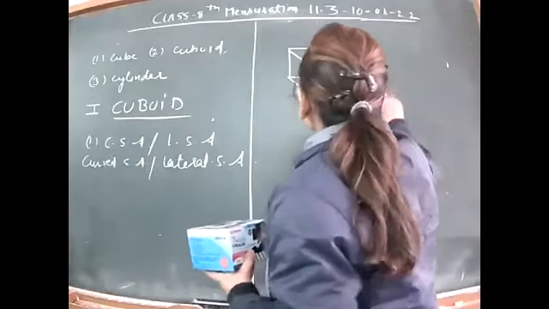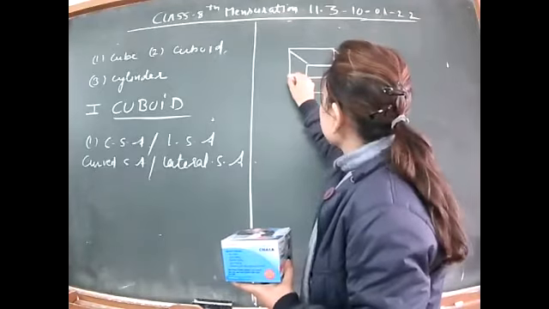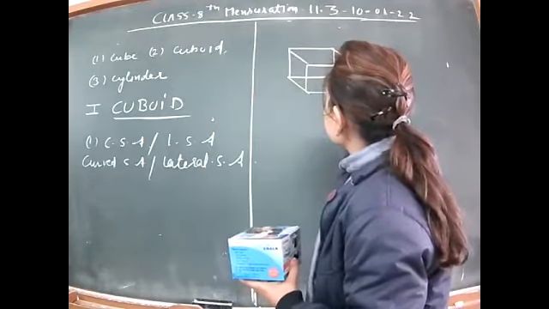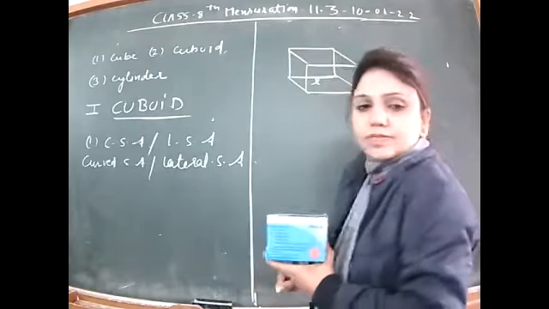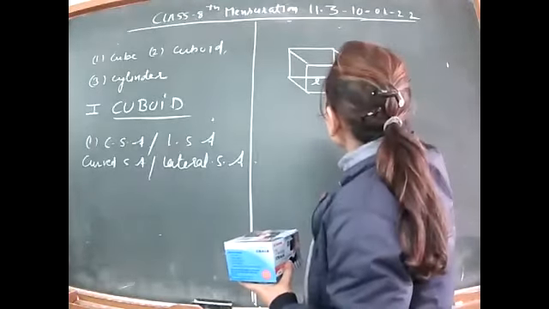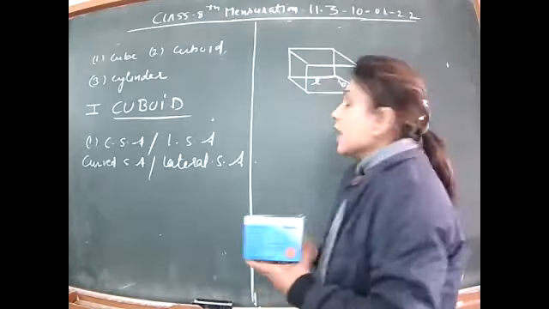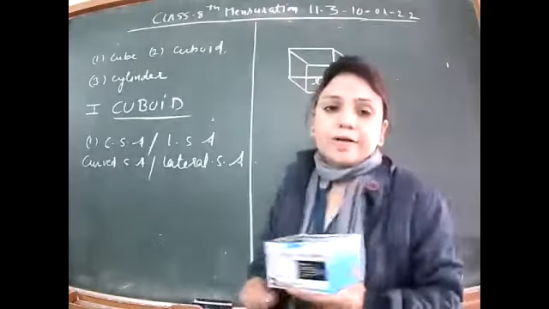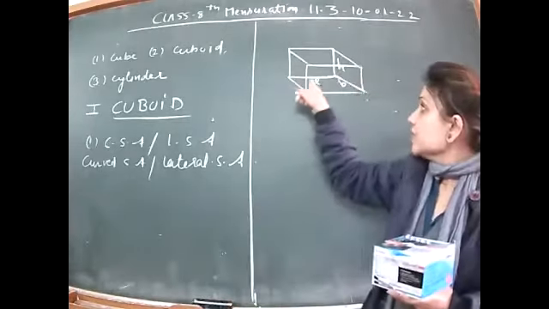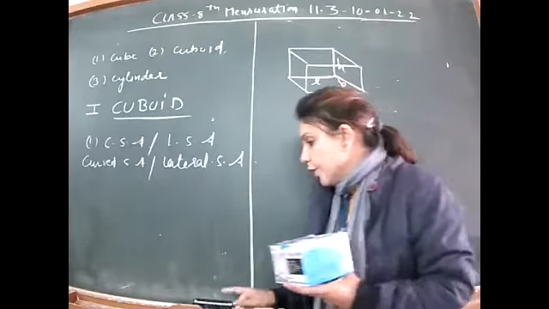you see it carefully. So you know this, the way this side is increasing, this is called length, and the way this side is increasing, this is called breadth, and the way this side is increasing, that is called the height. Right? So this is the length, this is breadth, and this is the height of the cuboid.